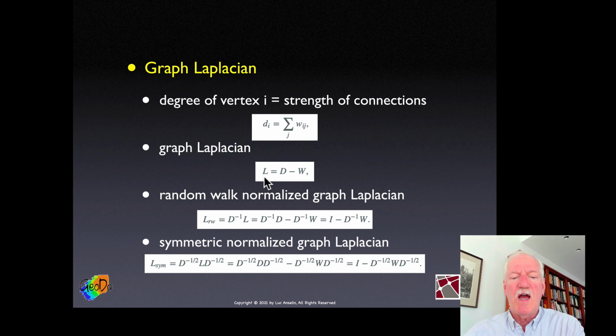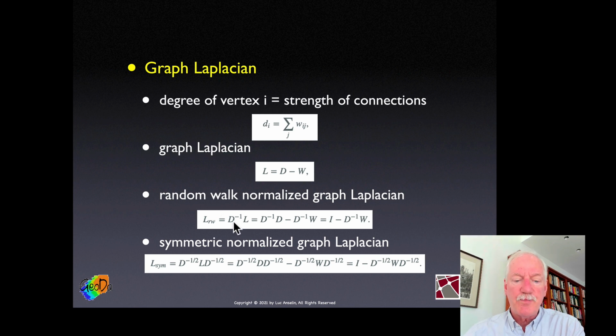And the graph Laplacian is very useful to find properties of the graph structure, and that's why we use it. And typically the graph Laplacian is not used as such, but it is normalized. And there are two broad normalizations that are used in practice. One is basically row standardization that we've seen in the spatial weights. It's also called random walk normalization.